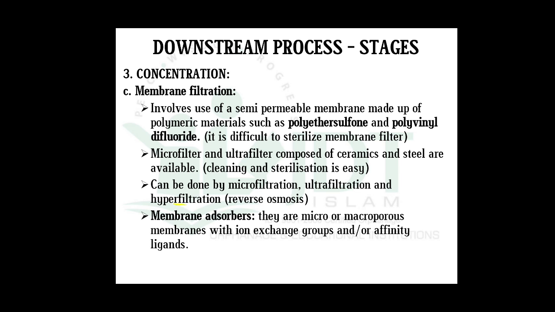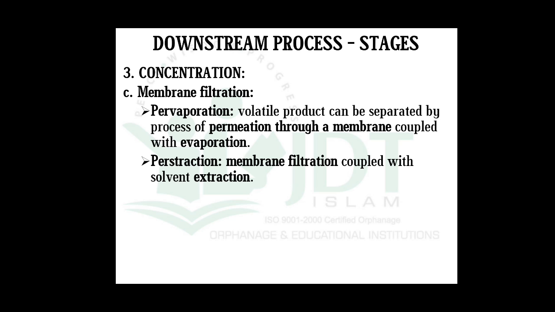Sometimes we can use a combination of evaporation as well as permeation for the separation of volatile products. Volatile products can be separated by permeation through a membrane coupled with evaporation, which is known as pervaporation. Similarly, membrane filtration coupled with solvent extraction is known as extraction.